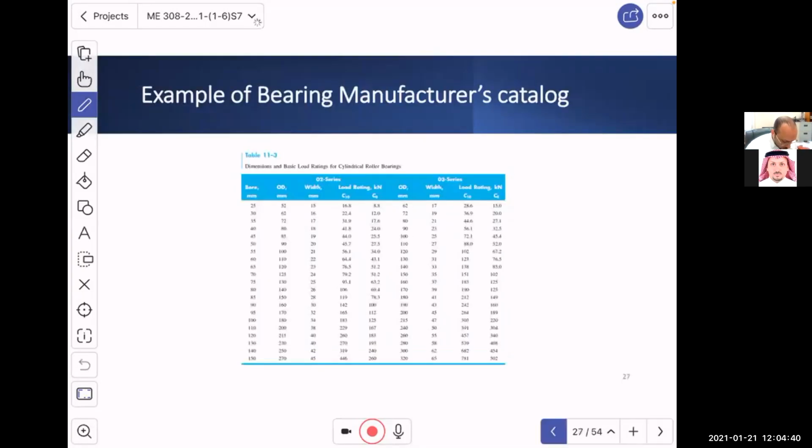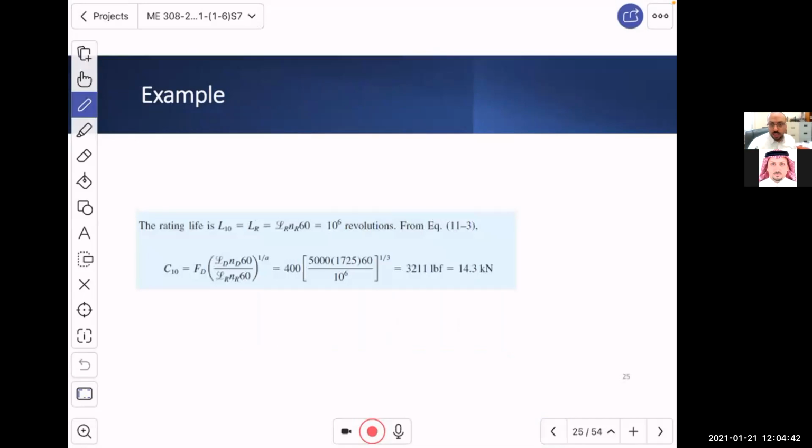Also, I remember Suhail, was it? Yes, you're the one who mentioned this. I went home and calculated it. It seems like all the calculations here are right, but the conversion is wrong. I did the conversion and it seems like it is 14.3. I am not very surprised, don't worry, because this book was going through hell.